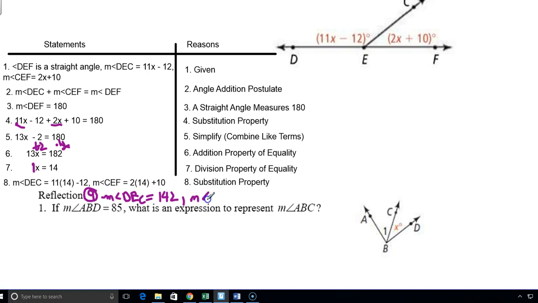And the measure of angle CEF, make sure you're using capital letters with those, is 2 times 14 is 28. 28 plus 10 is 38. And you want to make sure that those numbers add together. That looks like a 5, but that's really a 3. 38. Okay, and why did we do that? Well, step 9 is simplify.